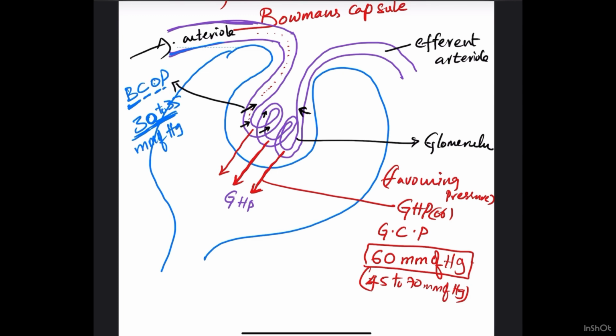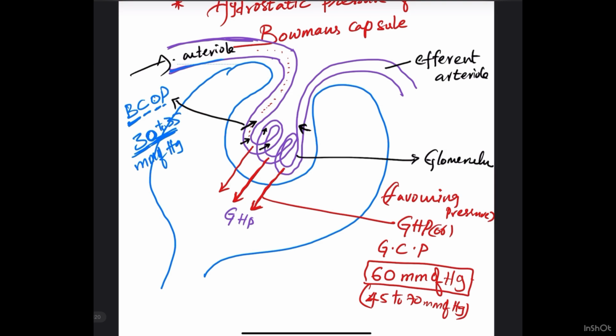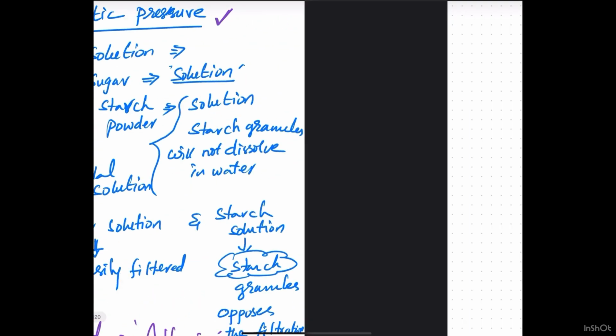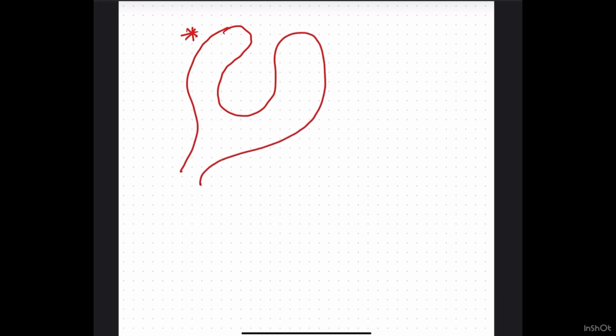And the third one we have to see now: hydrostatic pressure, in the sense of Bowman's capsule hydrostatic pressure. Let us say this is a Bowman's capsule, this is the visceral layer, and this is the parietal layer.